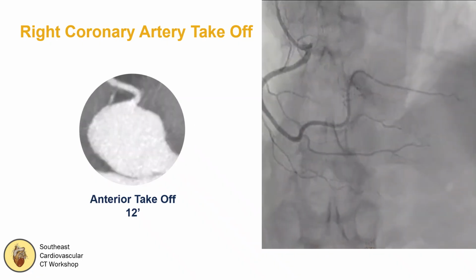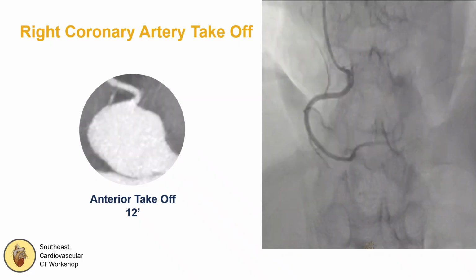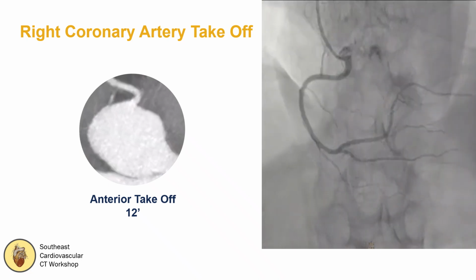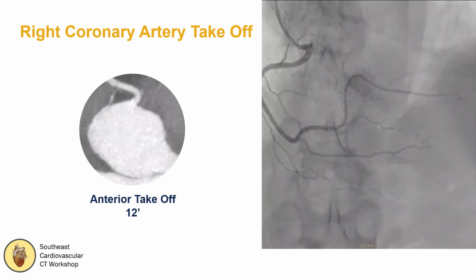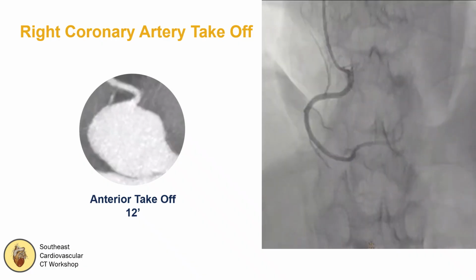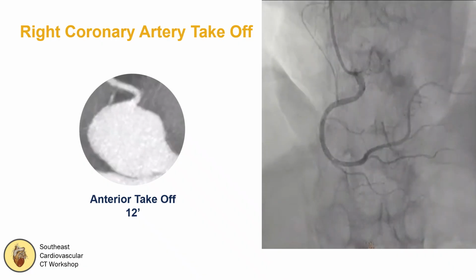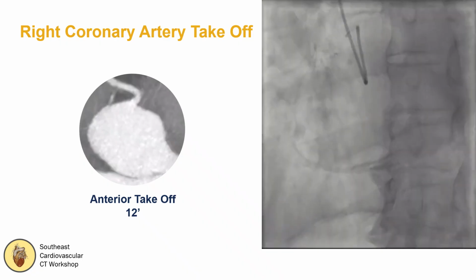In contrast, this patient has a much more anterior takeoff, and without prior CT information, engagement can become more challenging and may require multiple catheter exchanges, which exposes the patient to more radiation and more contrast. So a pre-procedure CTA would help anticipate these situations and streamline the procedure by selecting an Amplatz catheter, which would be more coaxial with the takeoff here.